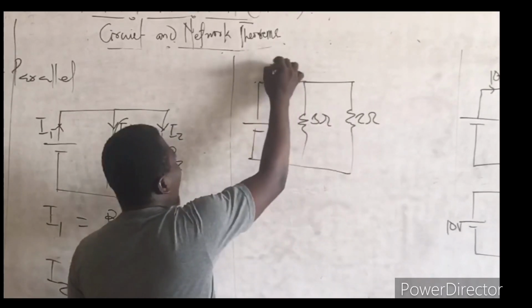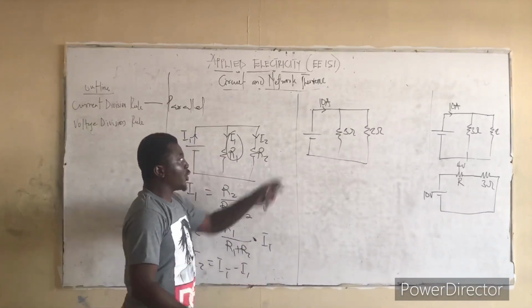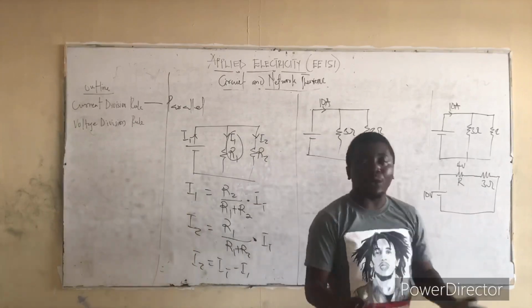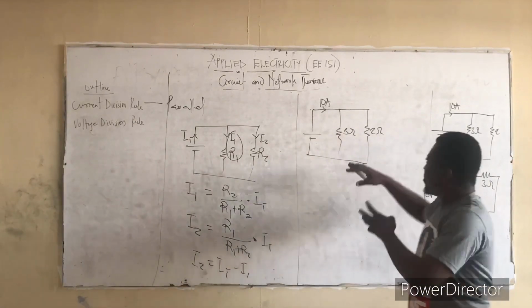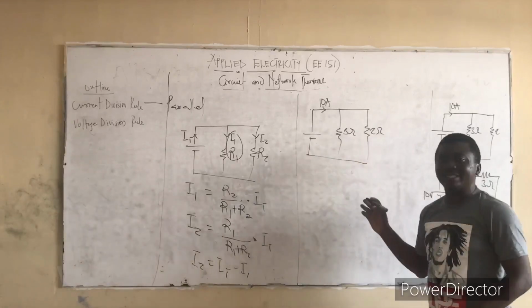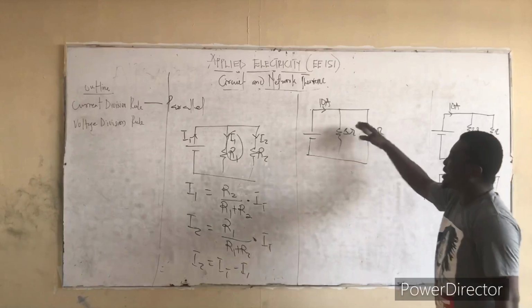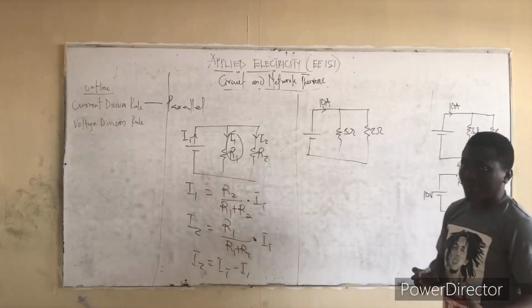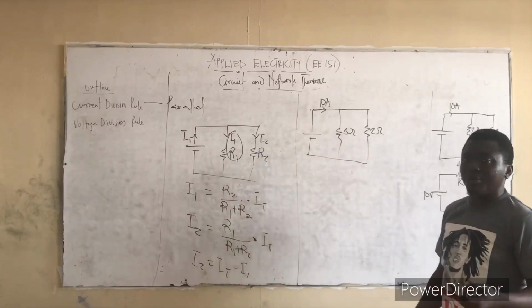And they told you 10 ampere current is flowing through the circuit. So IT has been given, but not in all questions will they give you IT. Sometimes you are supposed to find IT by finding the total resistance. After getting the total resistance, you divide the voltage by the total resistance to get the current. But if you are lucky and they give it to you like this, it is a bonus question.